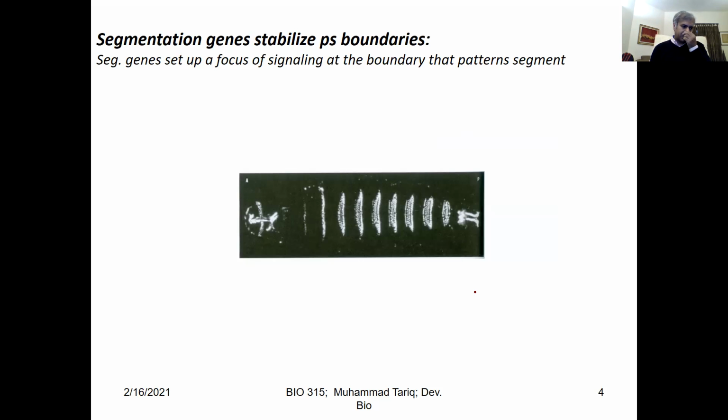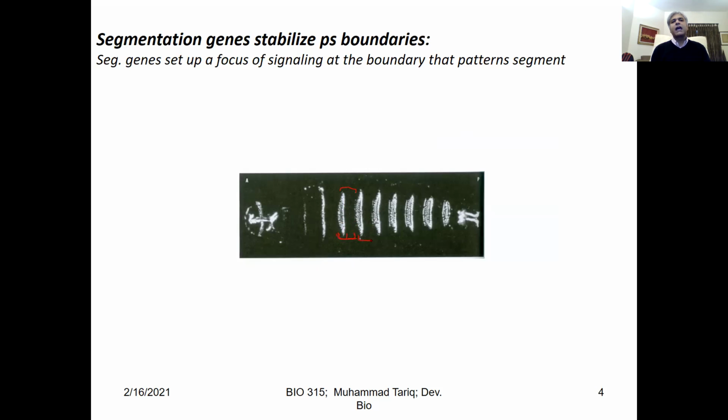When we talked about segmentation genes, we specifically talked about denticle belts in the abdomen of the larva. We learned that the anterior region of each compartment has unique denticle belts, and the posterior region of the segment is naked.